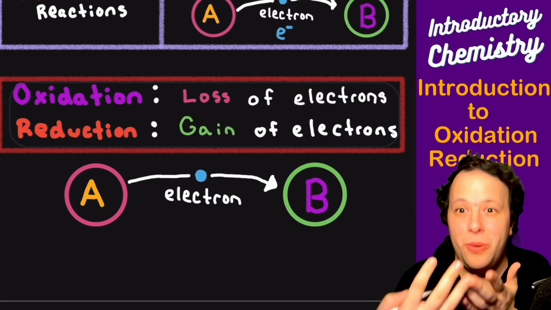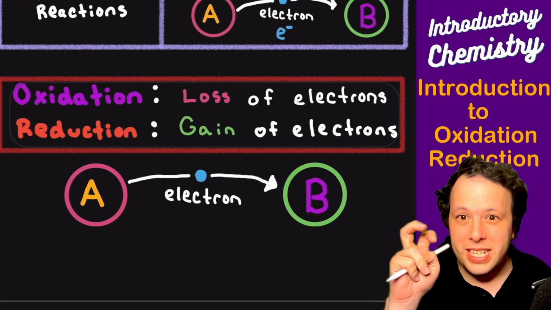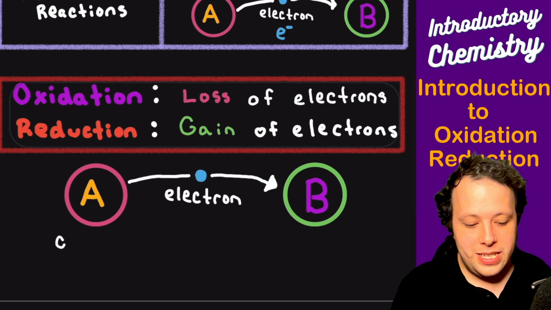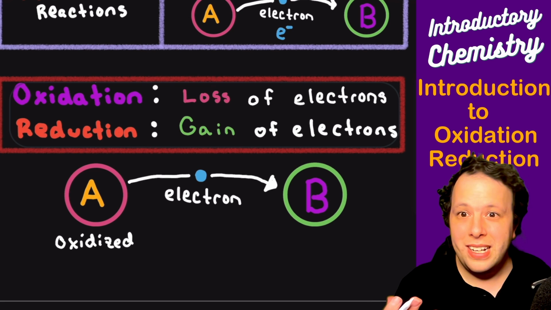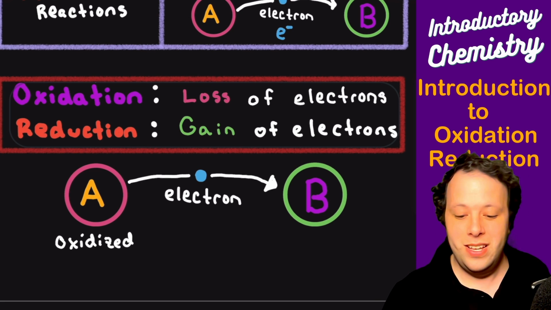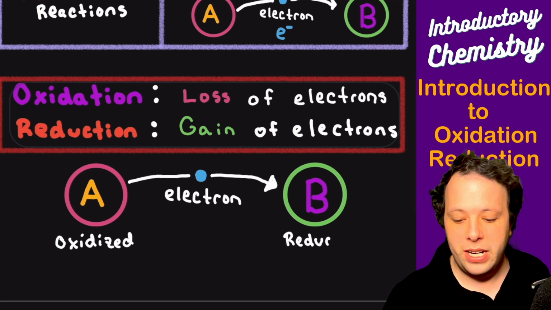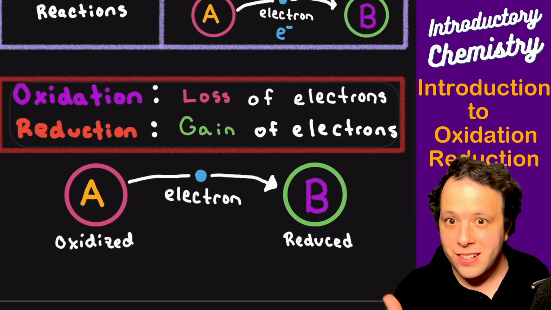It's being donated to another species, or in other words, it's losing its electron, so it is being oxidized. On the right-hand side, B is receiving that electron, so this is being reduced. This is all we are trying to see in this video, and through understanding this you can see the hidden chemistry occurring within a reaction.